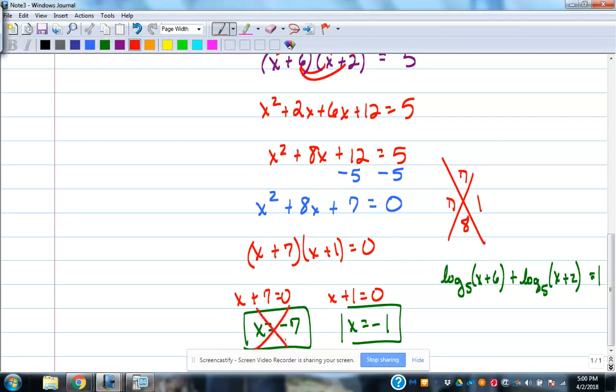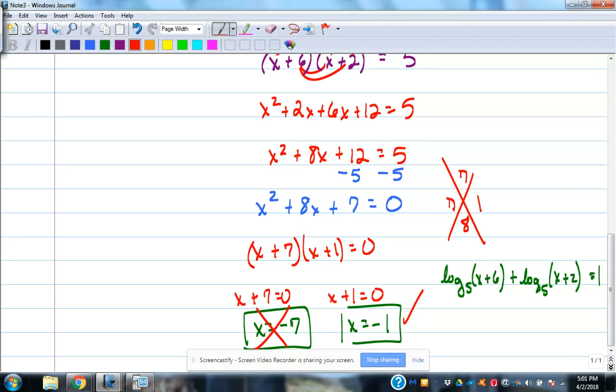Okay, so this one's gone. If I plug in -1, that's still positive 5, so that's good. -1 plus 2, positive 1, that works. It's a positive in both of them. If we checked it mathematically, log base 5 of 5 plus log base 5 of 1, that'd be 1 plus 0 is 1. So that works. So that one checked, we're going to keep it.